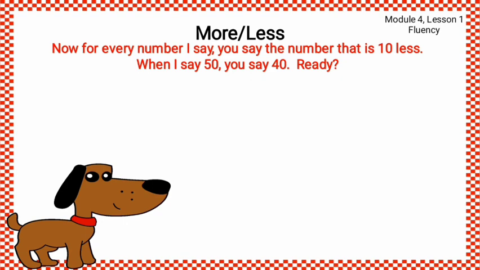Now, for every number I say, you say a number that is 10 less. Okay. Just like we did with 1 more and 1 less, for 10 less, you subtract 1 from the tens. When I say 50, you take away 1 ten from the tens, and it will give you 40. So when I say 50, you say 40.